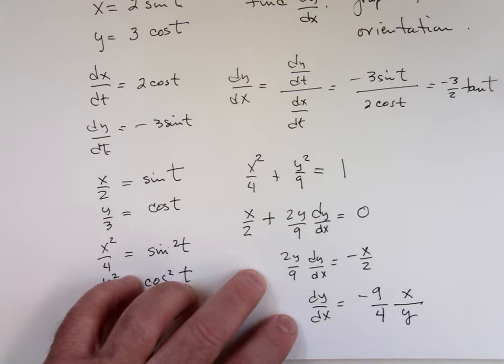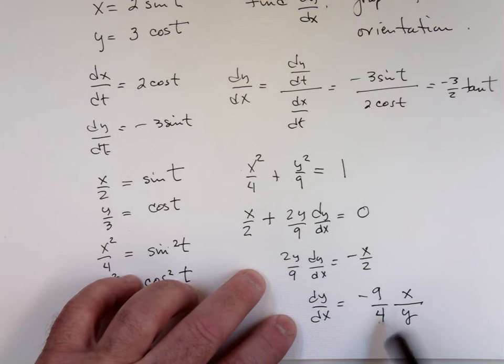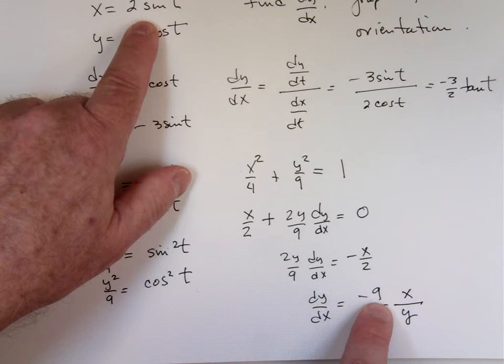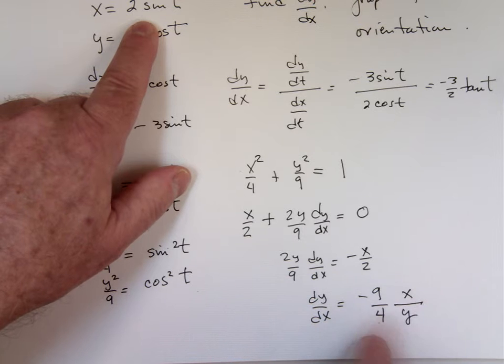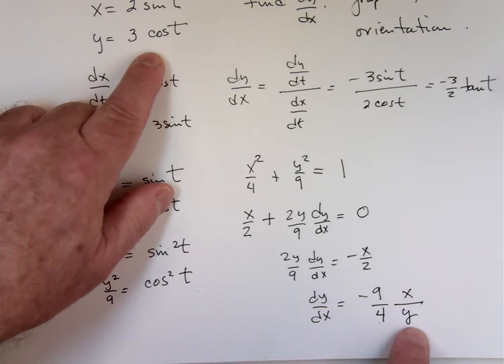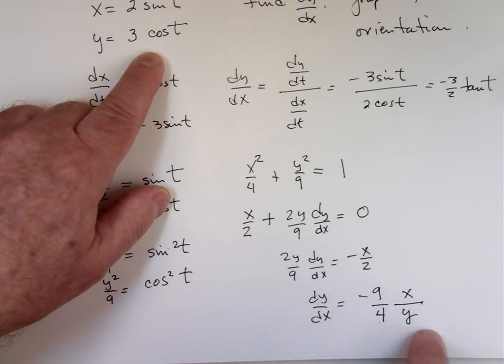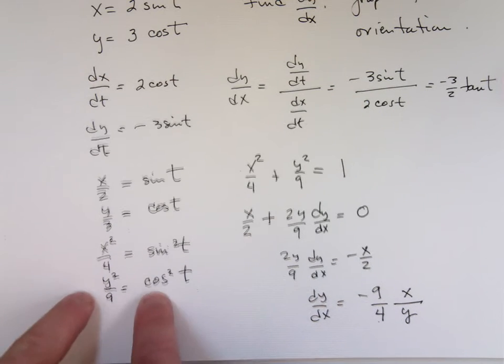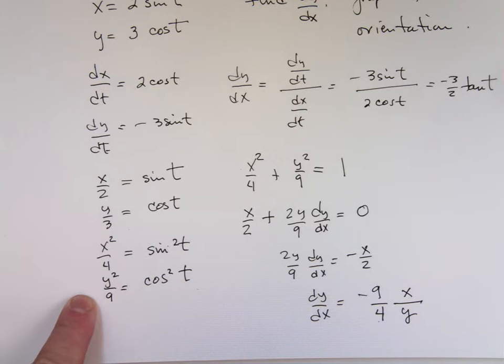And watch this. Are these two the same? Well, check it out. x is equal to 2 sine t. If you put a 2 sine in here, you'll get the 2's canceling one of the 2's here. The y is equal to 3 cosine t. The 3's will cancel. You get a cosine. You'll end up with a negative 3 halves sine over cosine, which is exactly what we had before. So we could eliminate the parameter by taking advantage of the Pythagorean identity and finding the derivative directly.